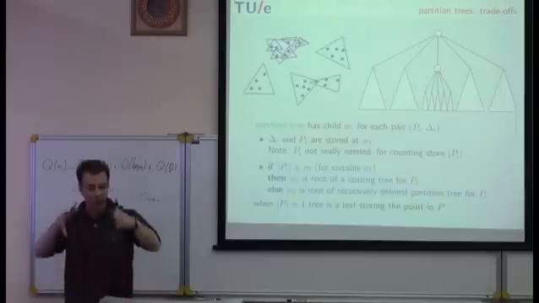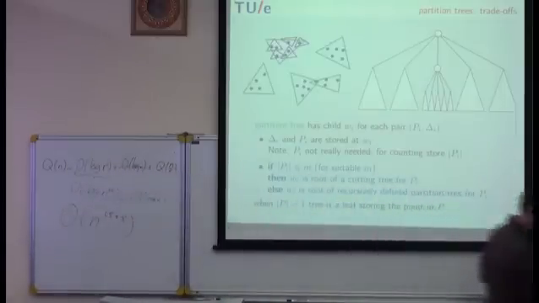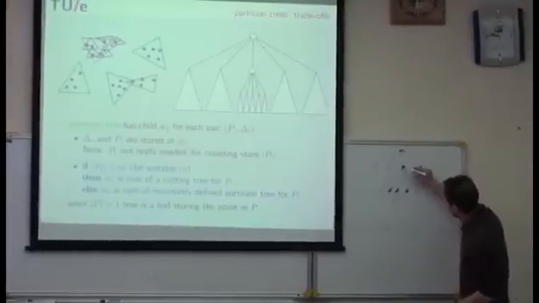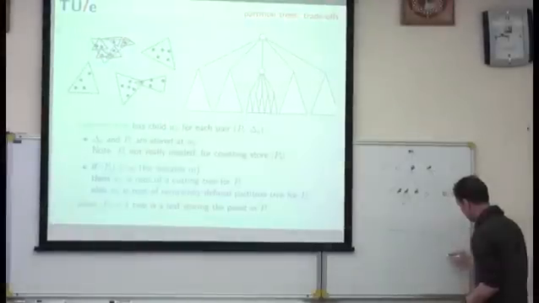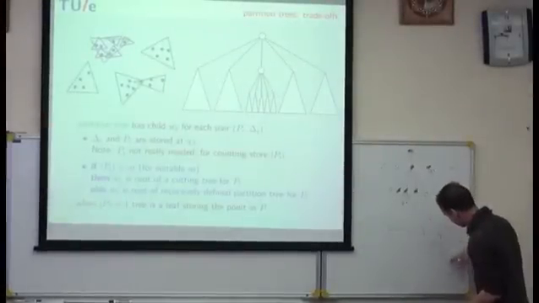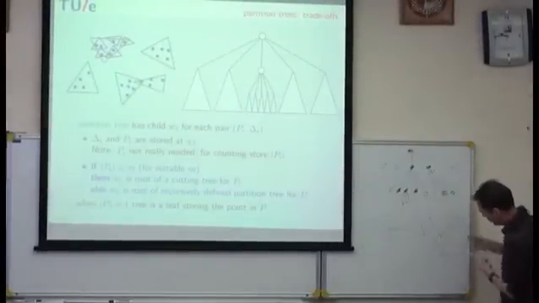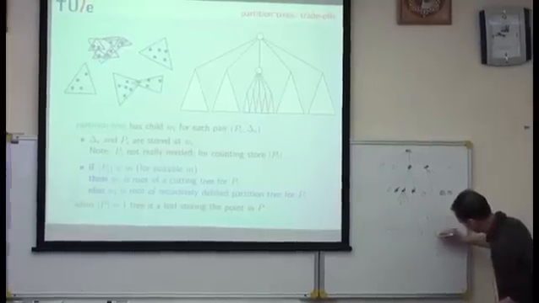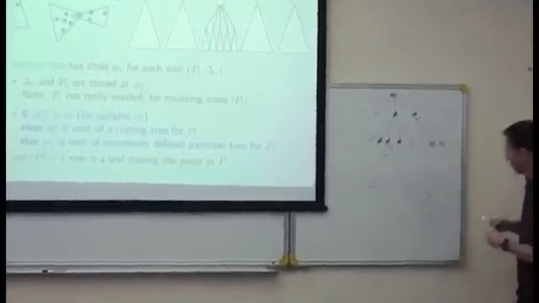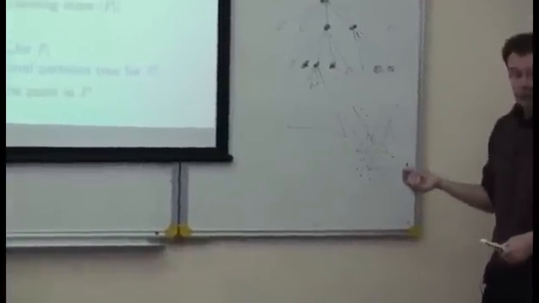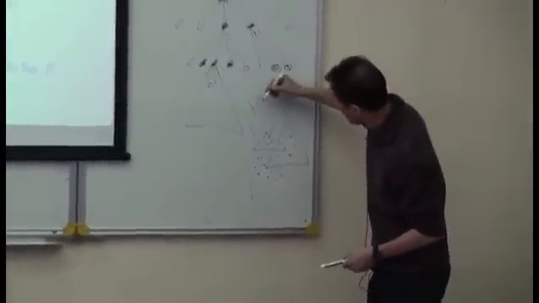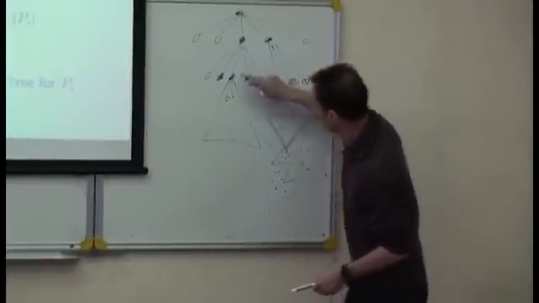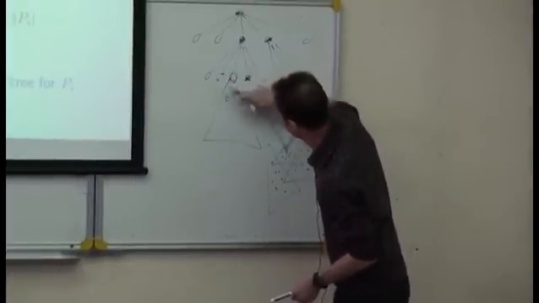Okay, so what do I have to do? Let's say that happens at this node. So for this guy I have a simplicial partition. Each of these things has some points in it. And when I'm building the tree, for instance for this triangle here, maybe that corresponds to this node here.